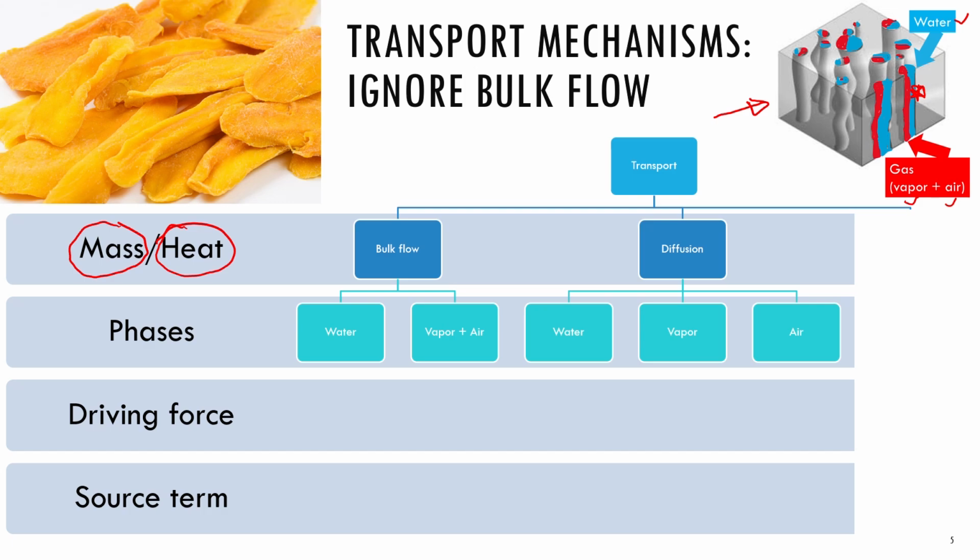And so this pressure driven flow is something we're going to ignore for our study of air drying in this case. This is only true when it's not very intensive heating. If the heating is very intensive, this assumption will need to be modified.